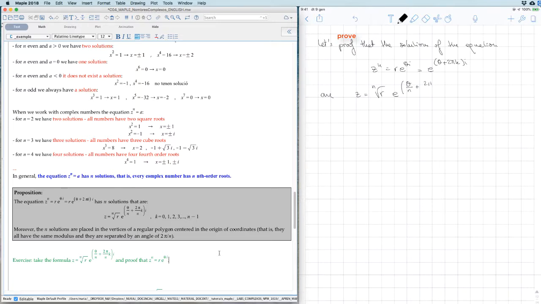So we just divide this by n, and then the k goes from 0, 1 to n minus 1.